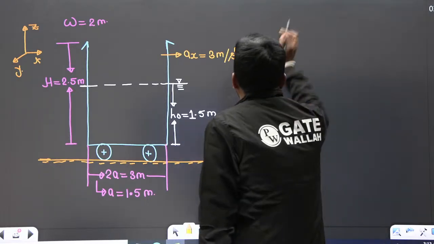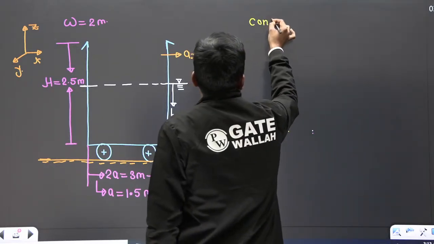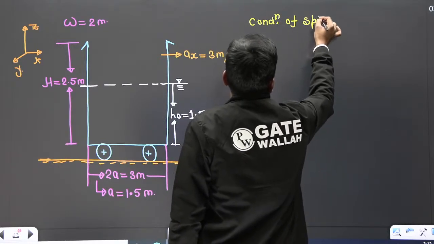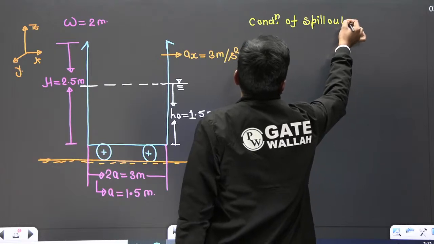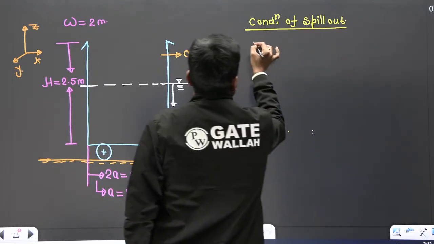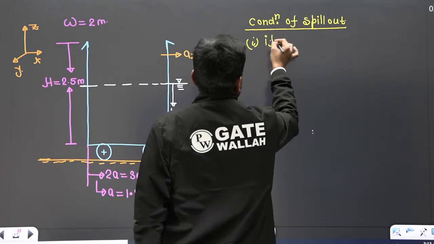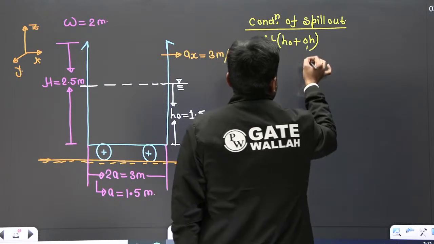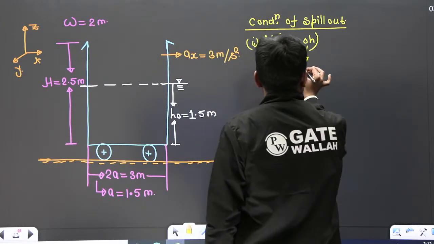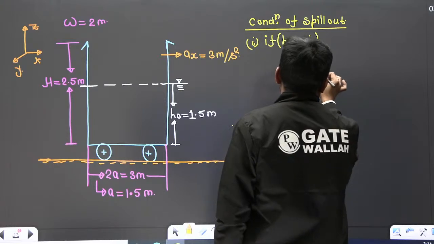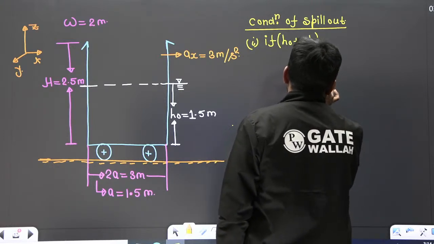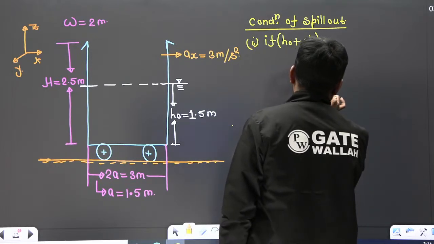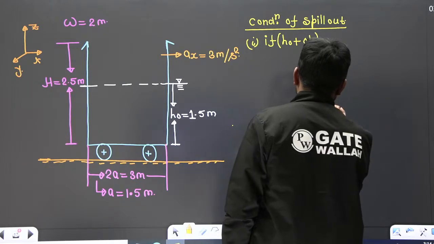The condition of the spill out is, first one, if H0 plus delta H. Delta H is the rise of the fluid, or you can say depression of the fluid, rise of fluid due to acceleration.